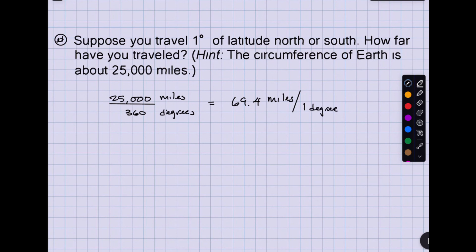So each degree you travel is going to be 69.4 miles around the Earth. But of course, this is direct, right? It's not like me driving the Ave Maria, and since I drove 40 miles, I went 0.5 degrees. It's not that, because obviously I got roads, I turn, I go north, I go south, and stuff like that. This is direct, as the planes fly, or as the birds fly.